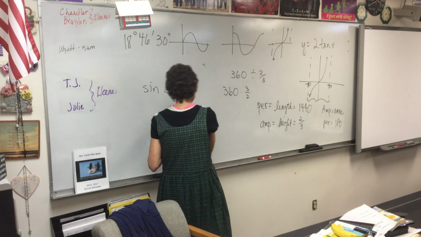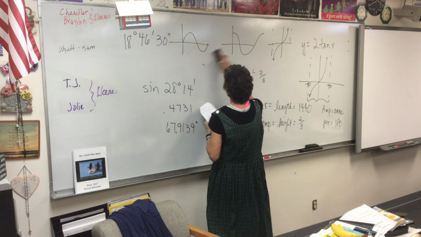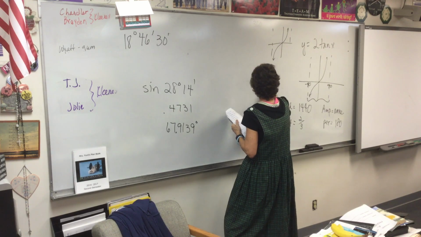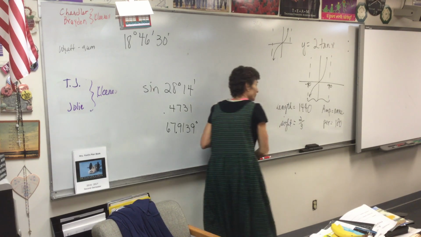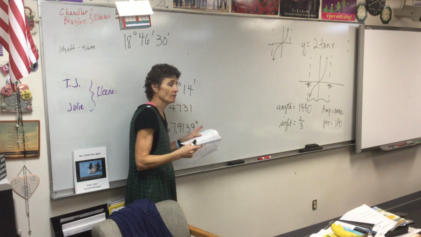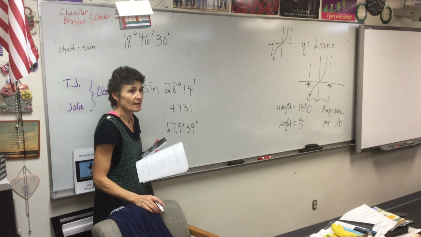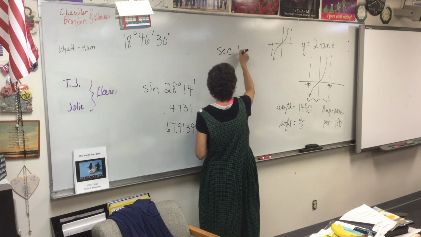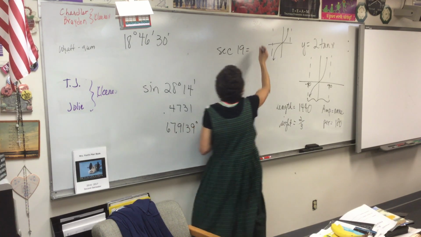Now, D is a little bit harder. Why is D harder? I do not have a secant button. I spent all this money on this calculator and it does not have a secant button. So what do I type in for the secant of 19? 1 divided by cosine.